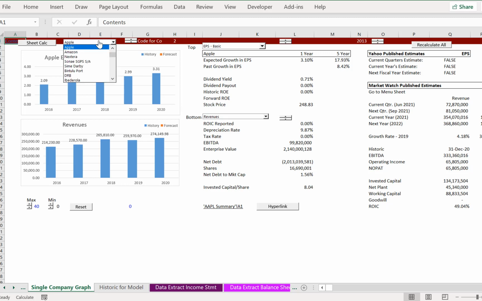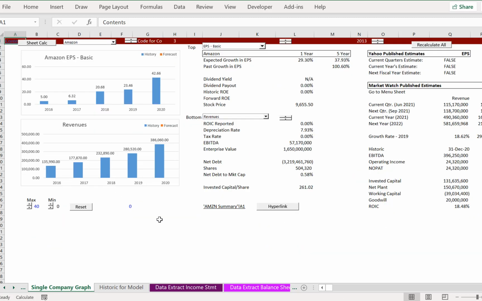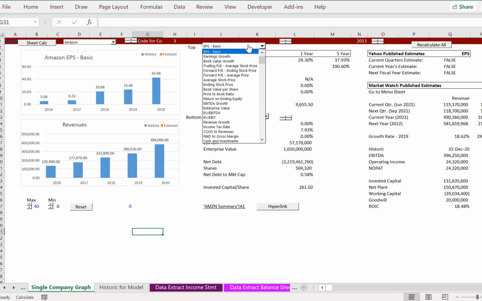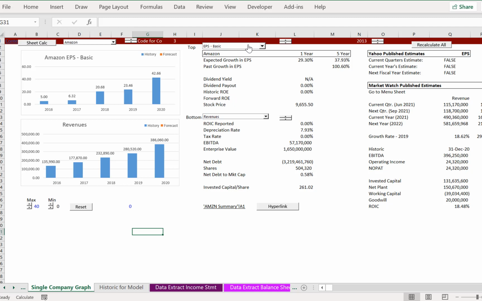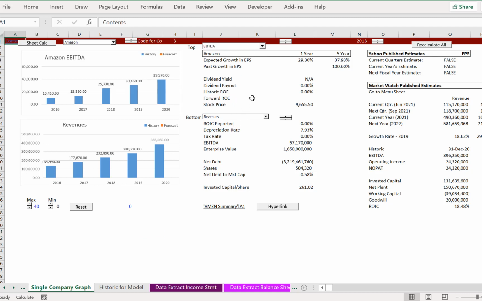We can look at Amazon for a minute. I'm just so curious about this Amazon. Here are their revenues exploding and their stock price exploding. Unlike Apple, their EBITDA has really gone up. Okay, and their return on invested capital has also gone up.